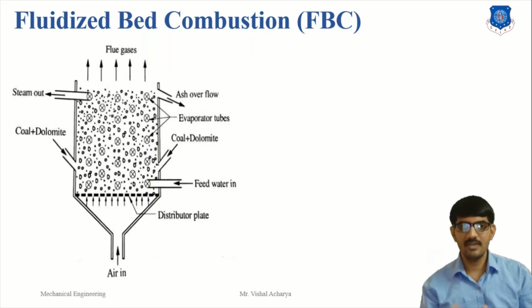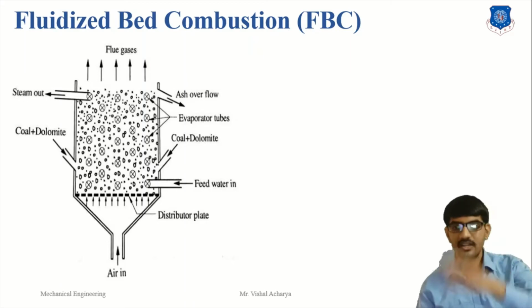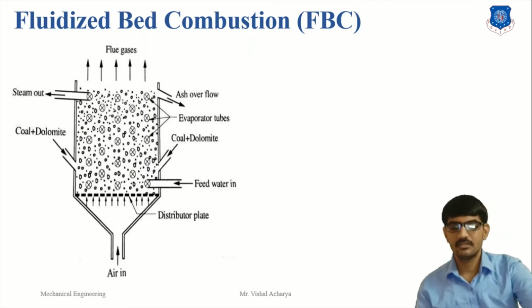The fluidized bed combustion has emerged as a viable alternative and has significant advantages over the conventional firing system and offers multiple benefits: compact boiler design, fuel flexibility, higher combustion efficiency, and reduced emission of pollutants like SOx and NOx. This is the main advantage of FBC.